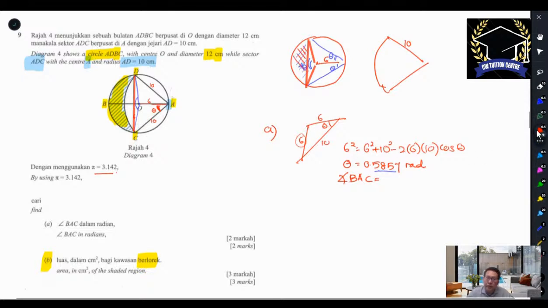Sorry, this segment. Okay, this segment. After that, I minus off this segment. Okay, that would be the shaded area.